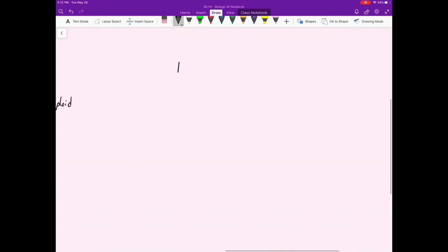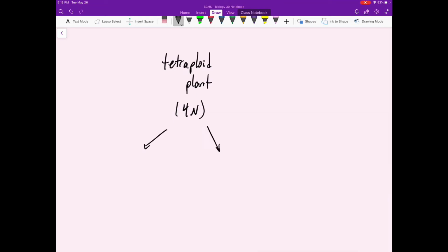If you start off with a tetraploid plant, if it were to make sperm and egg, you'd basically split the chromosome number in half. And so you would make 2n sperm or egg.